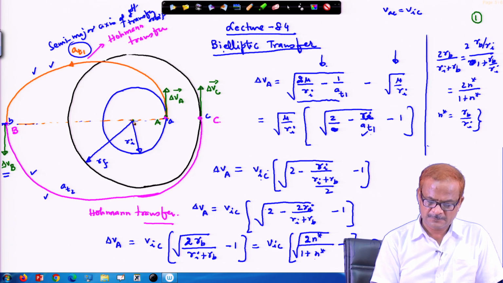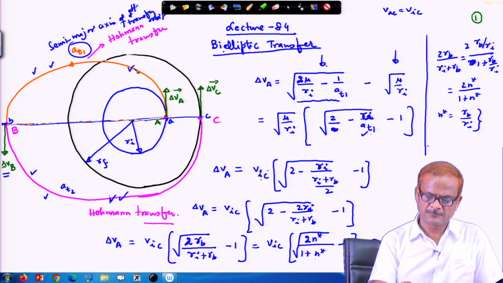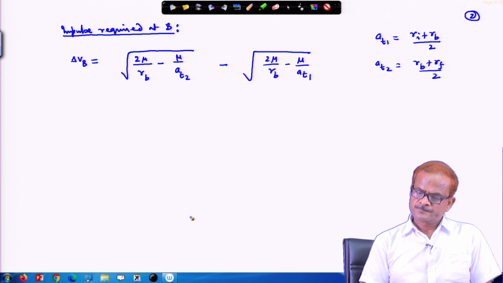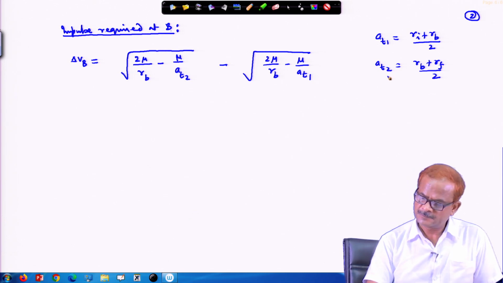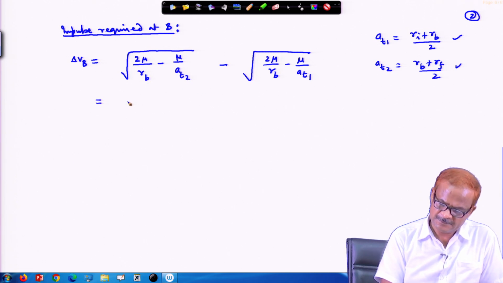This is your r b from here to here, and this is r f. So, half of that constitutes the semi major axis of this orbit. Similarly, we have to calculate for this orbit. So, we can use these two quantities and insert them here.